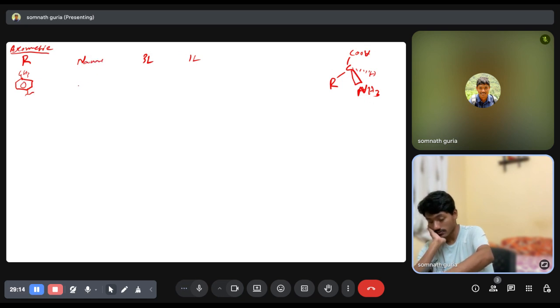Phenylalanine. Oh sorry, the structure is wrong. CH2. This is called phenylalanine.